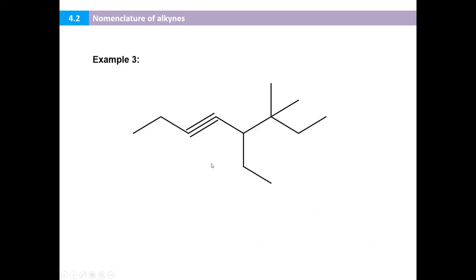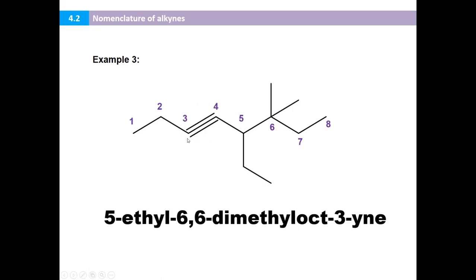And for this compound, you have this triple bond here. So in this case, you can determine the location of the triple bond, and please make sure the location of the triple bond is at the lowest number. So it will be 1, 2, 3. 3.